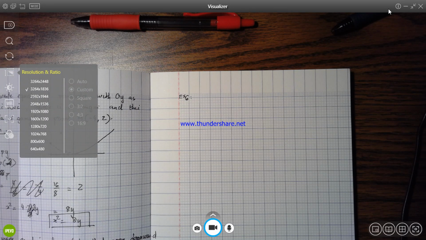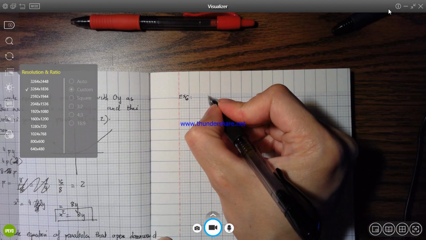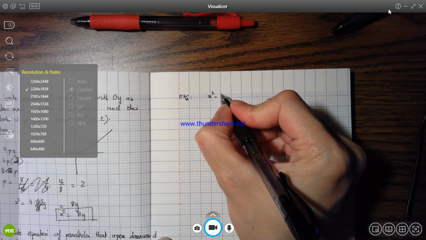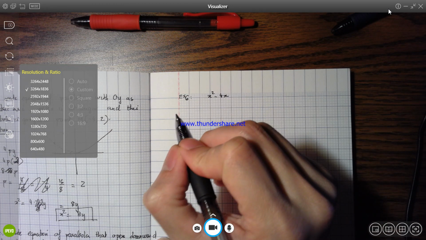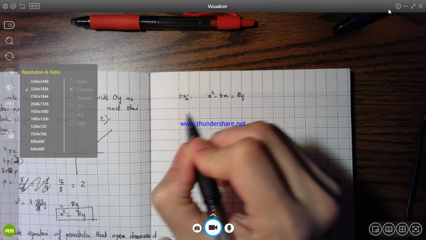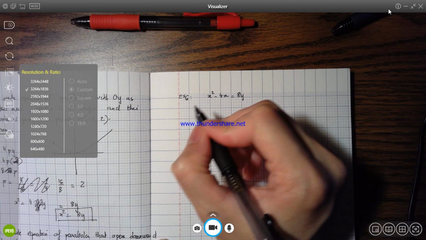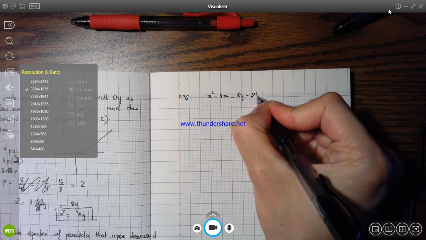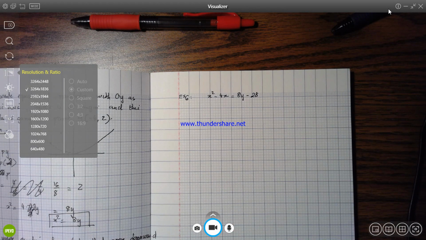I have an equation like this: x squared minus 4x equals 8y minus 28. And the question is, determine the vertex, focus, and the directrix.